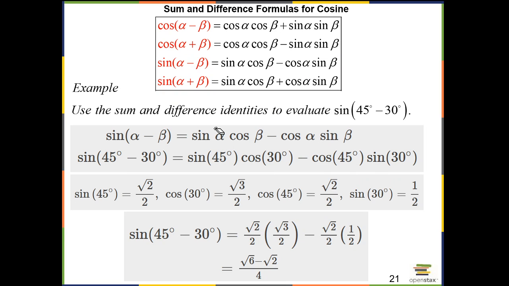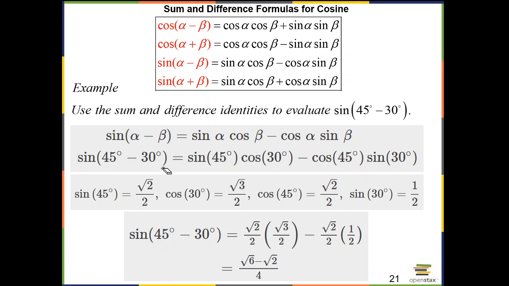All right, here's another example. Use the sum and difference identities to evaluate sine of 45 minus 30, which is sine of 15 degrees, right? So instead of finding sine of 15 degrees, we can find a combination of sine and cosine of 45 and 30 that we know. We memorize them, remember?